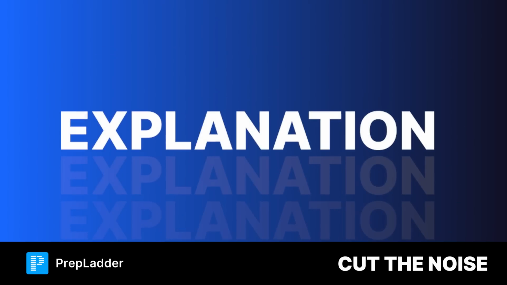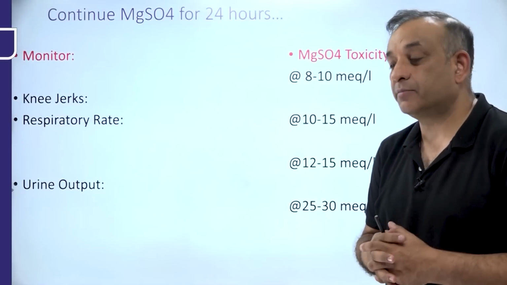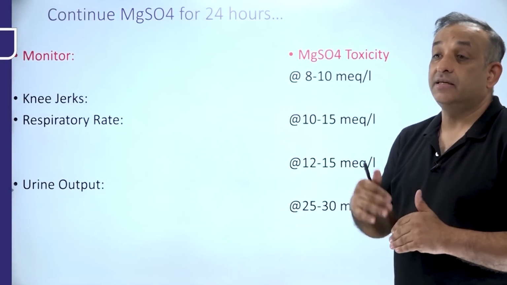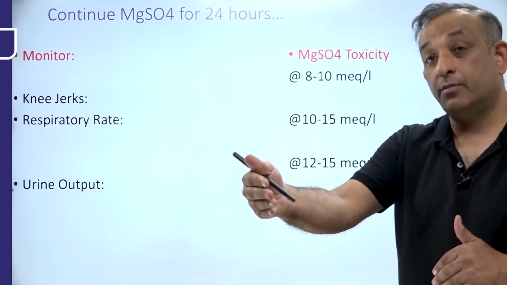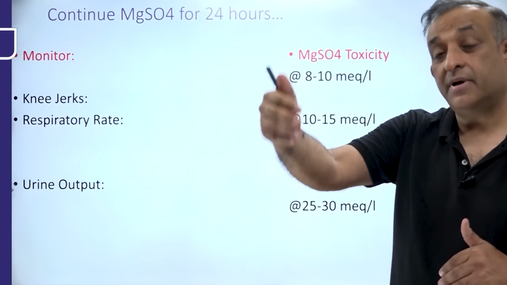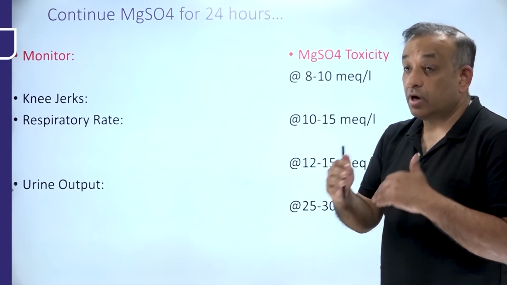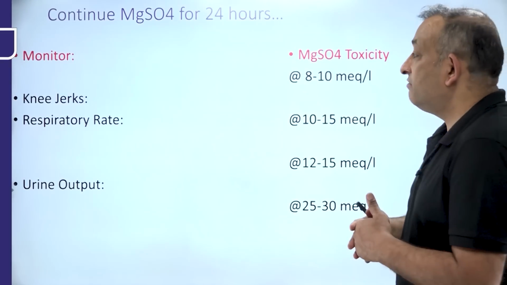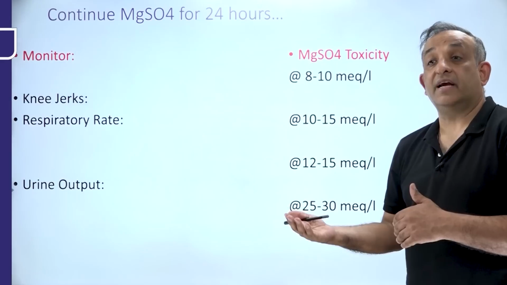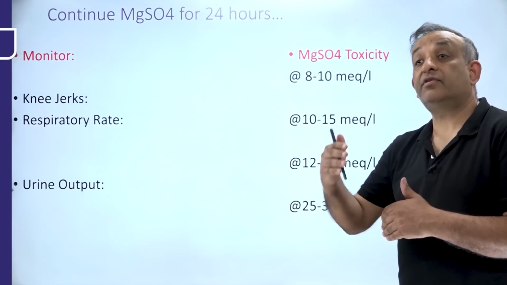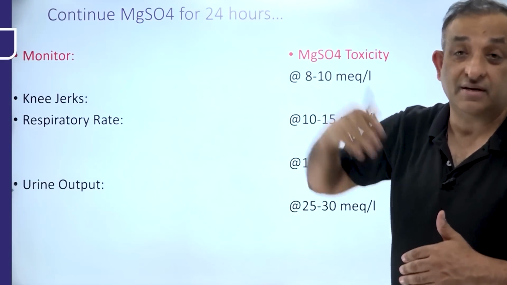Here's the explanation. Suppose the patient delivers at 10 a.m. today, then you'll give the injection at 2 p.m., 6 p.m., 10 p.m., 2 a.m. in the morning, then 6 a.m. and then 10 a.m. tomorrow morning. So you have to go on giving for 24 hours, 5 grams. But suppose she throws a convulsion tomorrow morning again at 10 o'clock. Then you have to give it till the day after tomorrow morning, 10 o'clock.